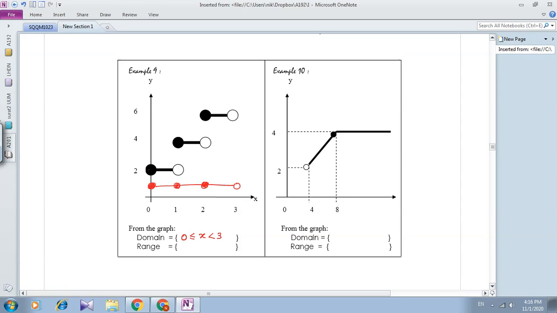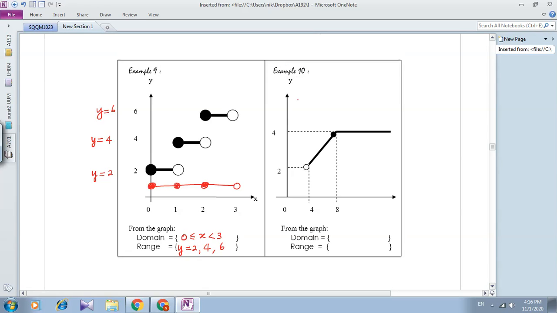And then for the range, we will have y equals 2, y equals 4, and then y equals 6. You can write here y equals 2, 4, 6.